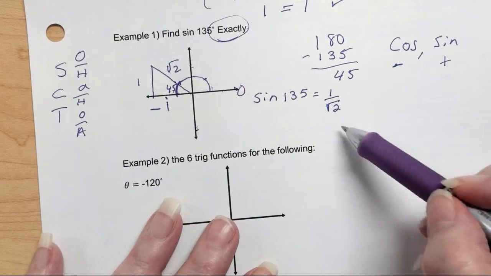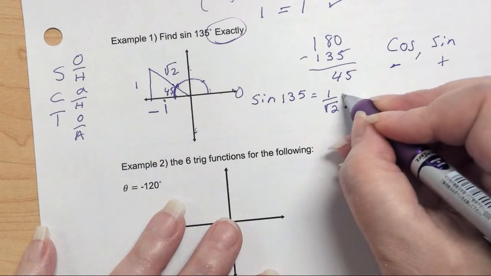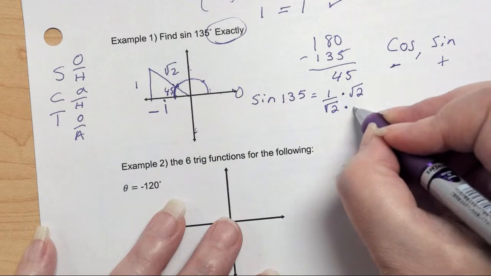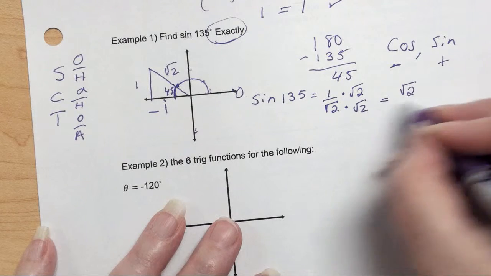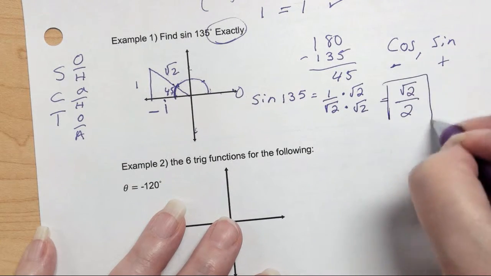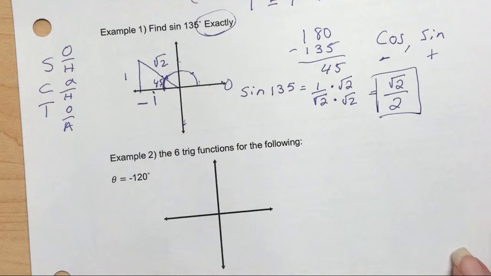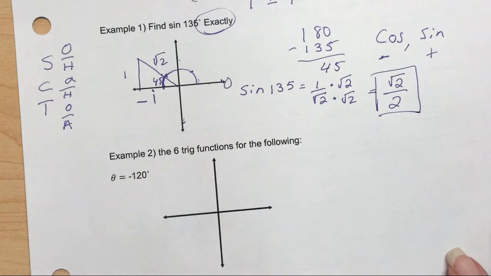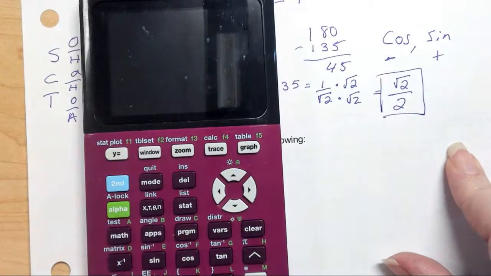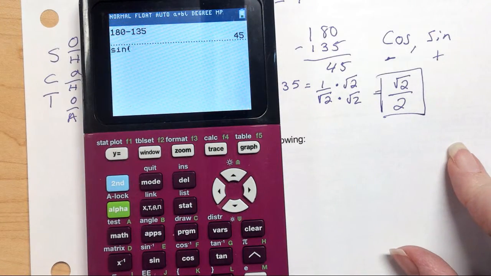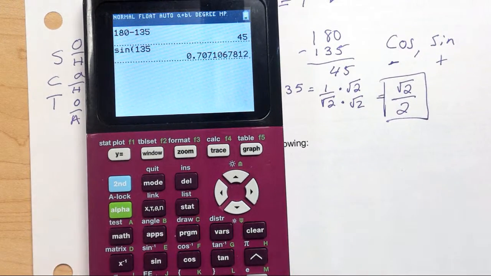All right. So we must multiply both the top and bottom by the square root of 2. So our final answer is the square root of 2 over 2. To check your work, when you can use your calculator, put in the sine of 135. It's going to give you a decimal, and the decimal should be between 1 and -1, which it is.